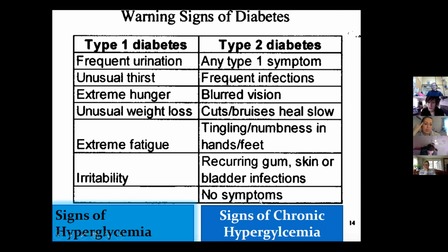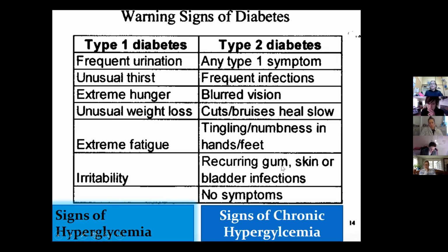This last category here that's, I think, perhaps most important is that a lot of these people don't have any symptoms at all. But frequently, it is one of these symptoms that results in them seeking medical attention that then gets them diagnosed with their type 2 diabetes.